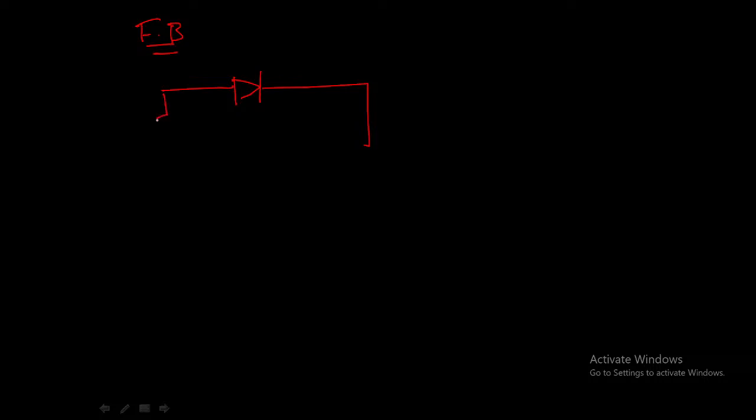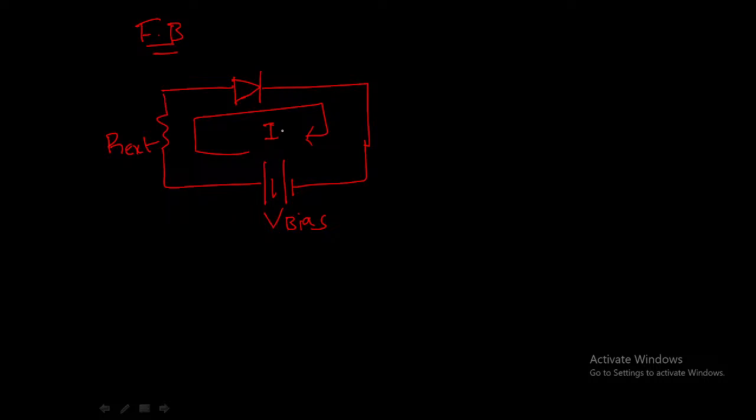So this is our diode and external resistance with a positive power supply, positive biased. This is V bias and this is external resistance R external, and this is our diode. And the current flowing through this diode will be equal to IF only. So how to model this in a complete diode model? Since it is in forward bias, in the complete diode model, it will be equal to a voltage source, that is barrier potential, and a small dynamic resistance RD, and a closed switch.